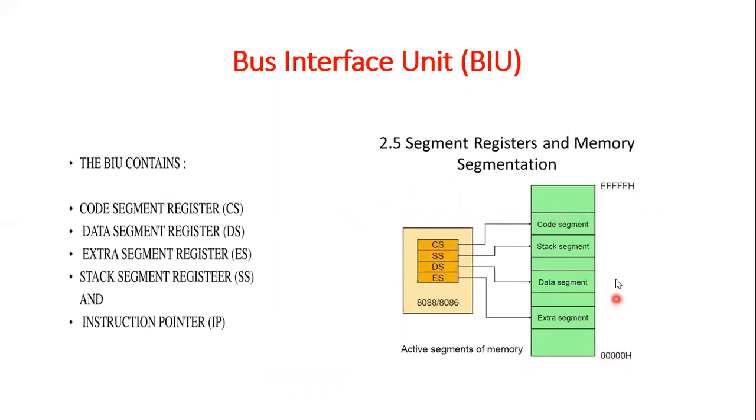The memory is 1 MB, and each segment has 64K. The first one is the code segment, the second one is the data segment, then the stack segment, and ES, the extra segment. So code segment, stack segment, data segment, and extra segment, and it also includes the instruction pointer.